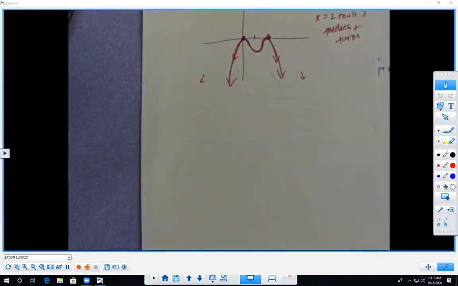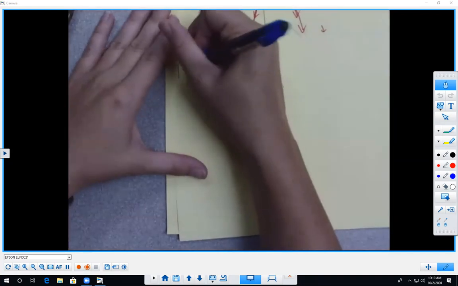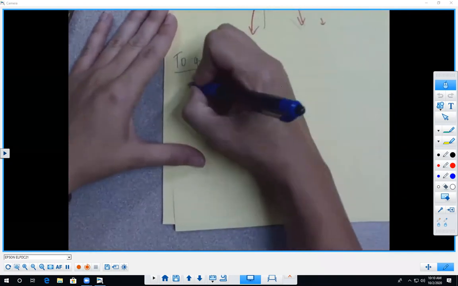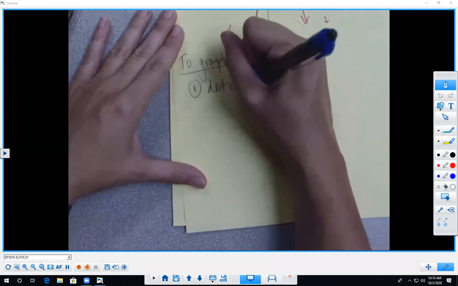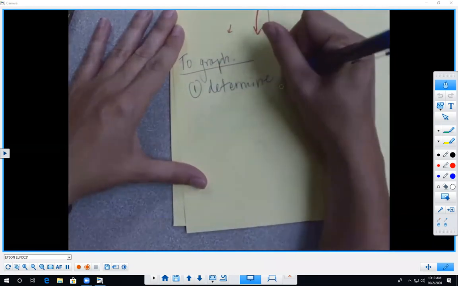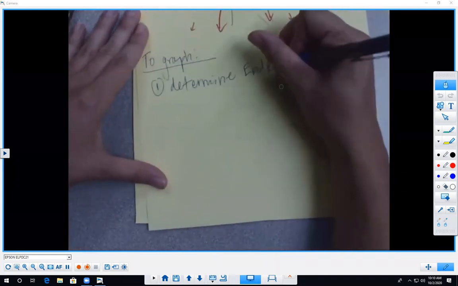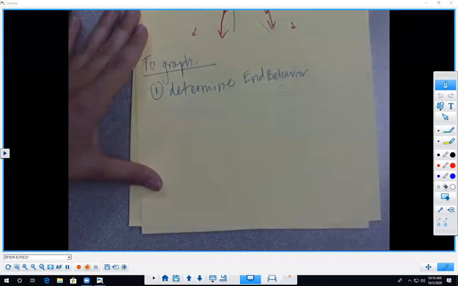So we are going to spend more time graphing this. The idea for graphing, your thought process to graph it: the first thing we need to do is determine the end behavior. Again, how do we find end behavior?